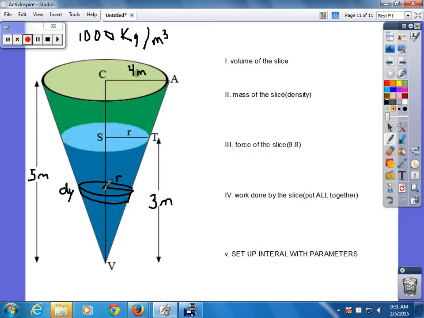The height here is in direct relation to R, but what kind of relationship? 4 is to 5 as R is to what? H. 5R is equal to 4H. Then we'll divide by 5. R is equal to what? 4/5 H. Is that what y'all got?